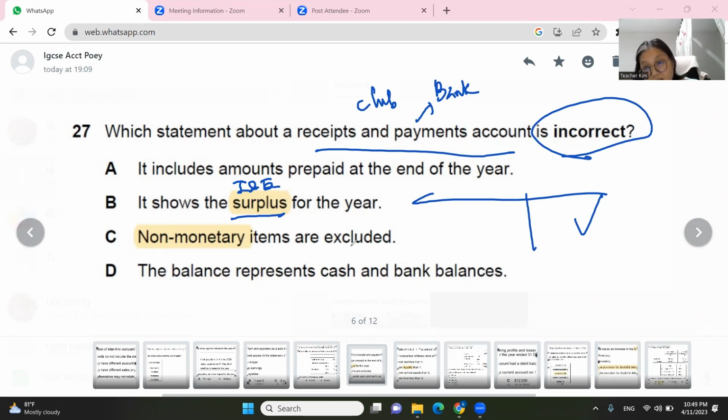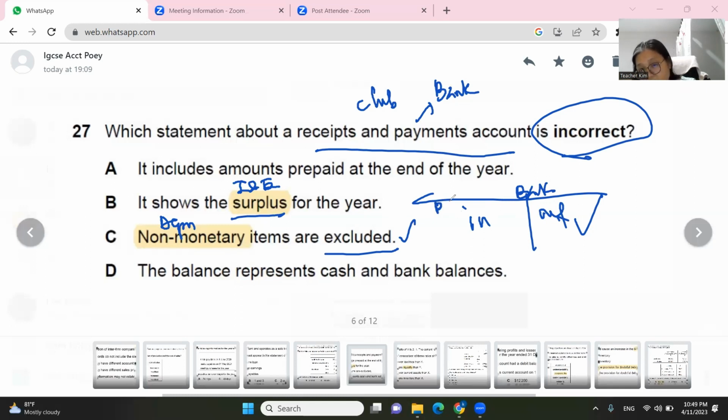Non-monetary items are excluded. Excluded means, for example, depreciation is a non-monetary item. So this depreciation is not sitting in here. The bank is not taking the depreciation. So this one is excluded, correct? Because we only take money in, money out. The balance represents cash.